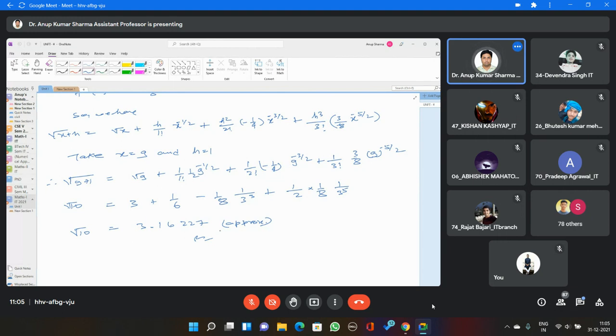So we choose x comma x plus h, and we write about x, so the given function is root x. We assume it, take the values, and finally we get root 10.